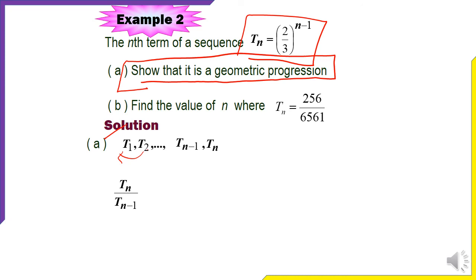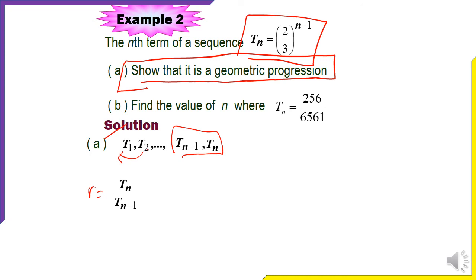So it can be T2 over T1 and then T3 over T2. If we have the same ratio, then it is a common ratio. But we can also show it by using the general form, which is r equals Tn over Tn minus 1.